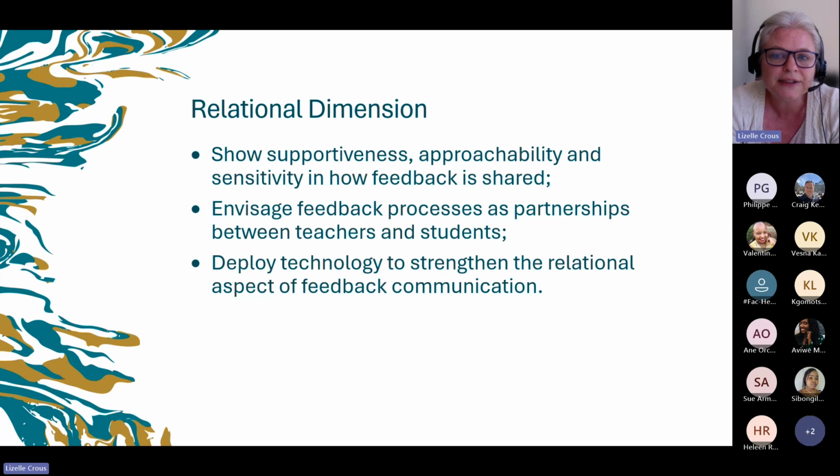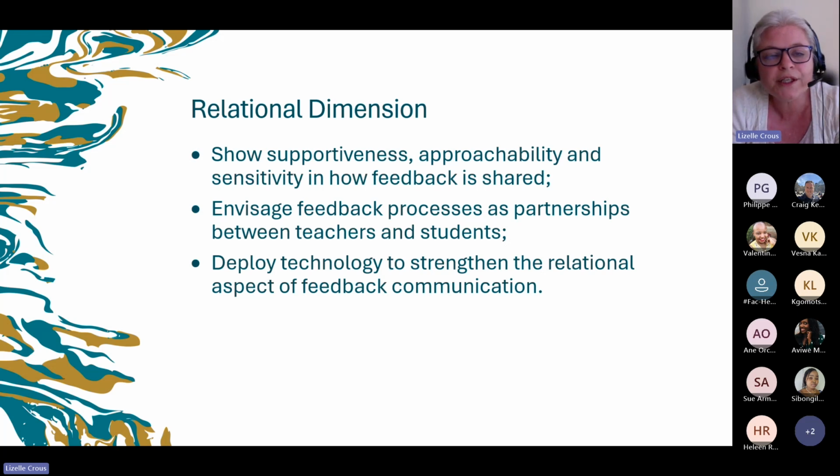And feedback literate teachers will show students what their role is within the feedback process and stress that it is not a one-way street. Feedback is not just coming from the lecturer or the teacher towards the student, but it is a conversational process that needs to happen between teachers and the student, but as well between students themselves.